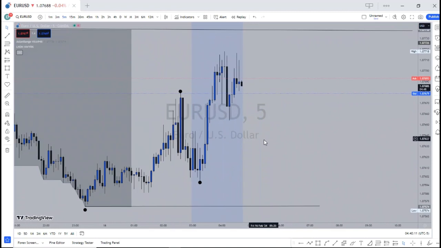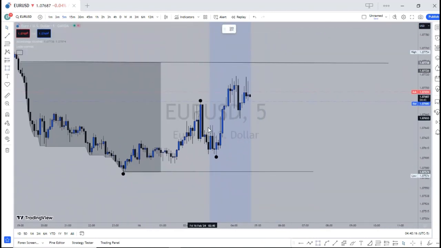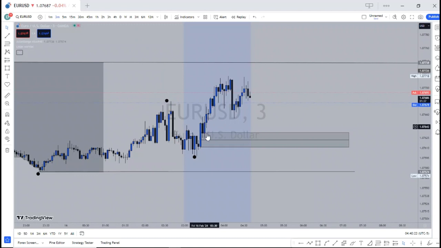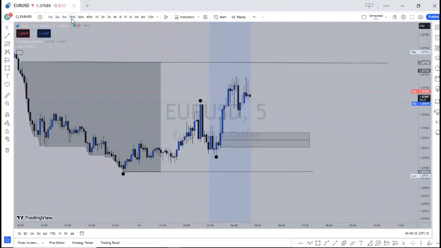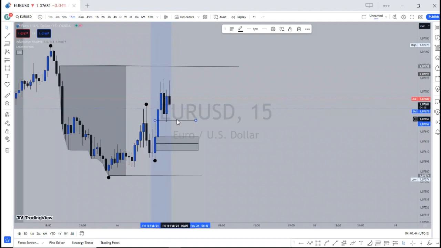If I am expecting the price to trade backwards, the only place I can see is right here, but there is no imbalance or inefficiency here that shows it wants to go there. Because the gaps are filled up, the only place where we had imbalance was here, and here we have imbalance.